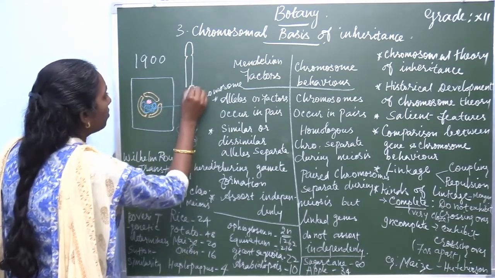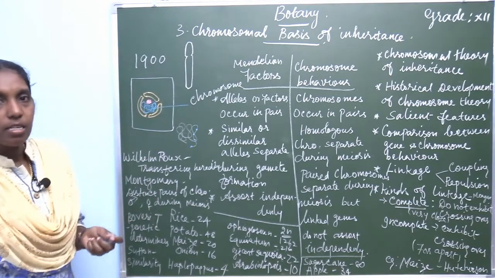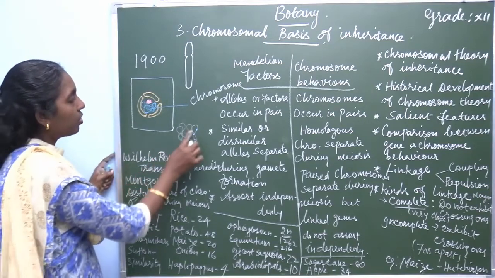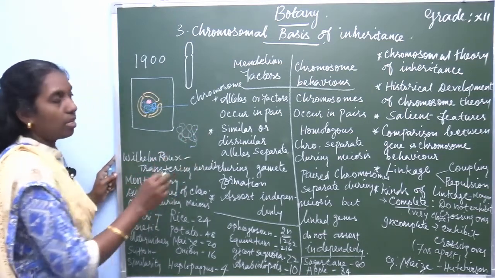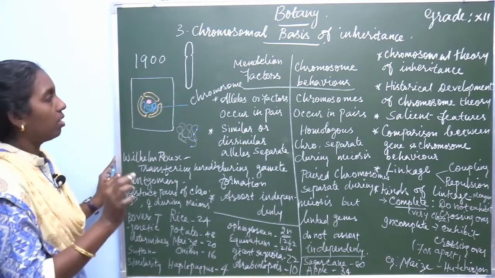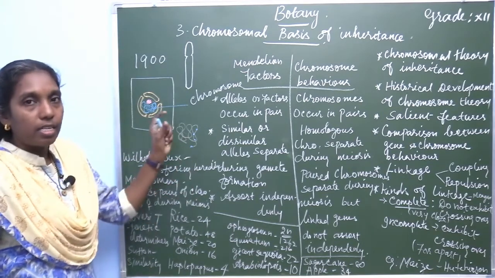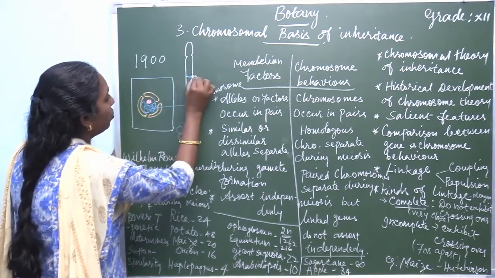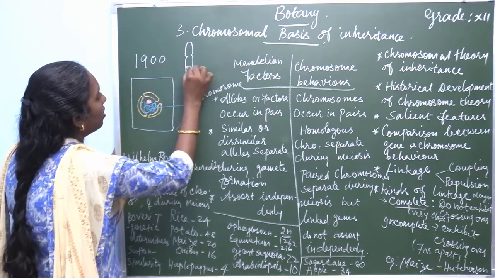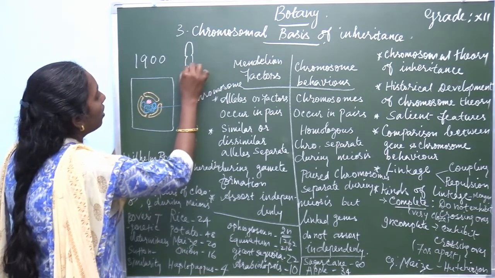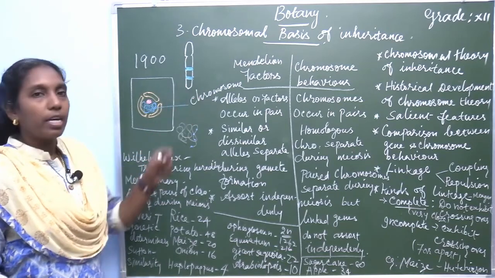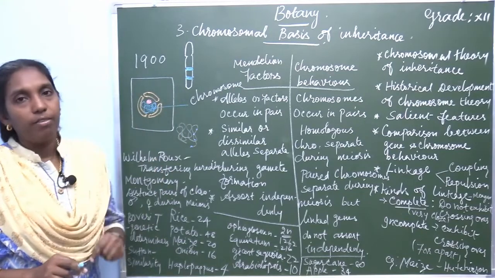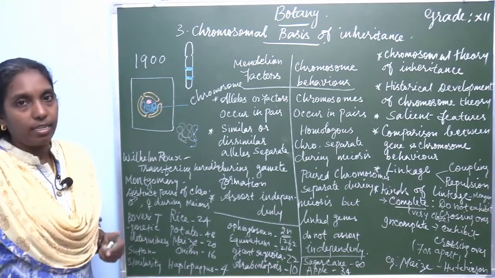This chromosome contains a coiled structure called DNA, the structure which contains the genes arranged in linear order. Each gene is located in a particular position, and these genes carry information from one generation to the next generation.